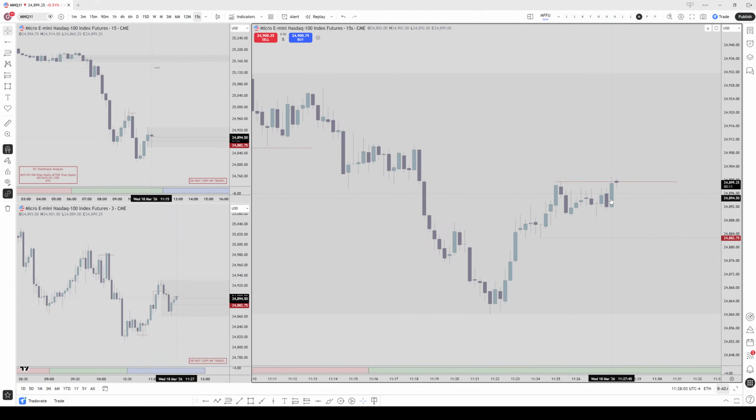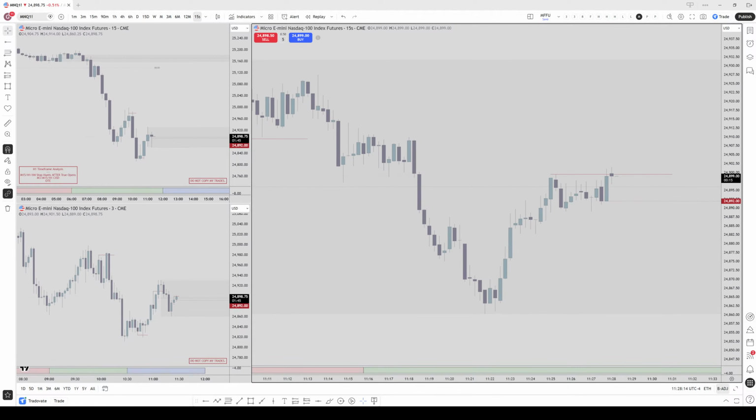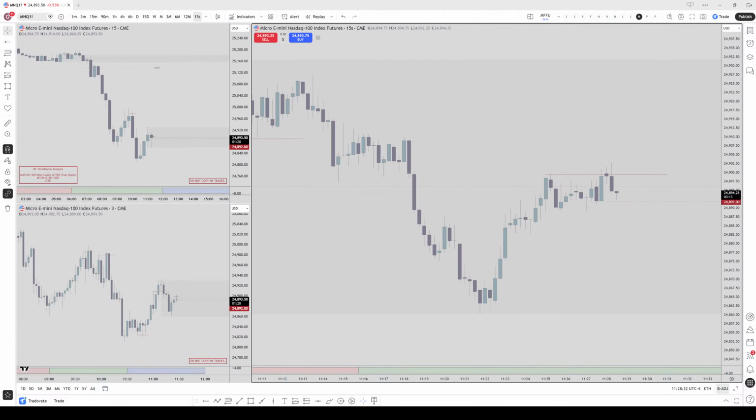Now I look to see if we can CISD this candle instead. About 10 points.